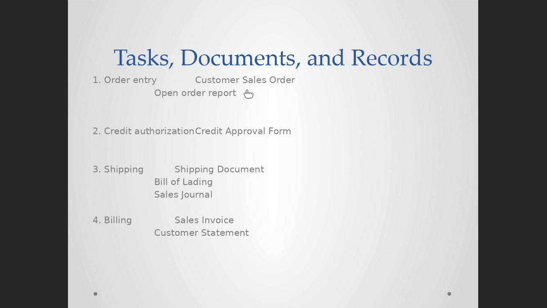So the open order report should not have any orders that were completed. This is the purpose of the open order report. The next step is credit authorization. Once you receive the order from the customer, the next stage is credit authorization. Now remember, credit authorization only happens for a customer the first time they buy from you.